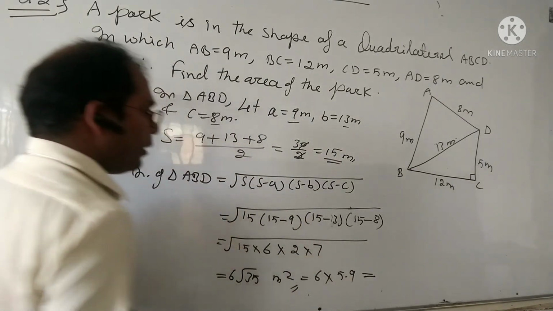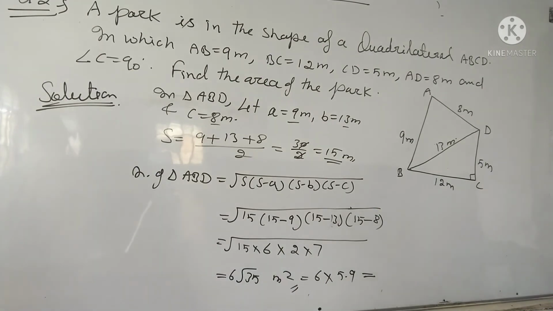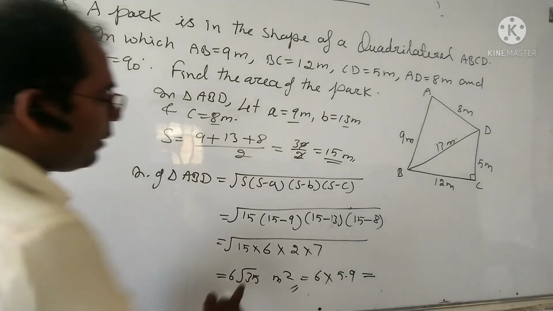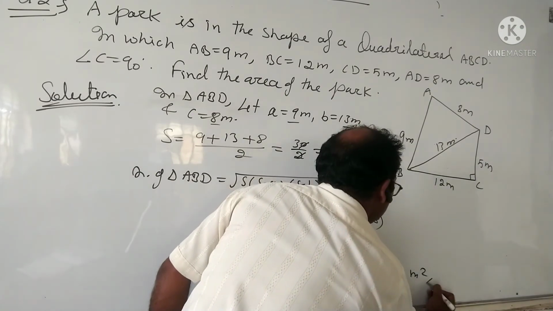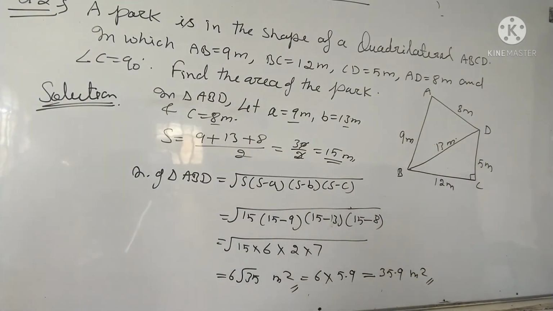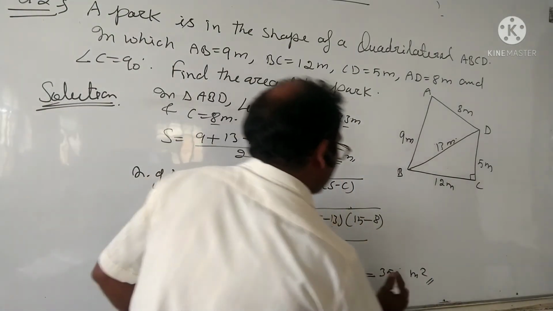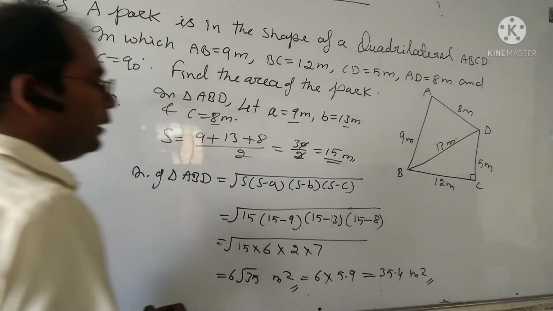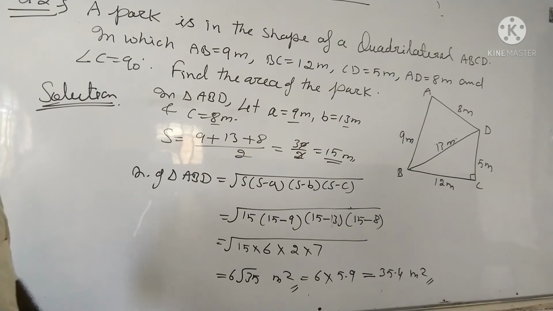You can write it by multiplying, and after multiplying, the answer is 35.4, 6 into 5.9 is 35.4 meter square. This is the area of triangle ABD.